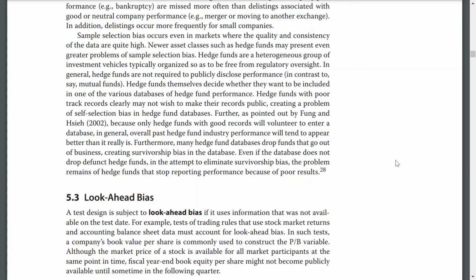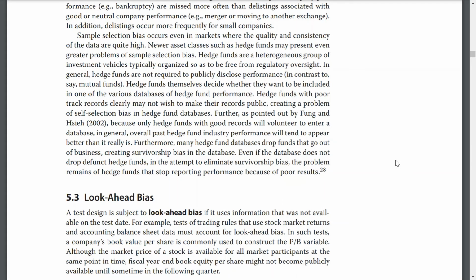Hedge funds themselves decide whether they want to be included in one of the various databases of hedge fund performance. Hedge funds with poor track records clearly may not wish to make their records public, creating a problem of self-selection bias in hedge fund databases.